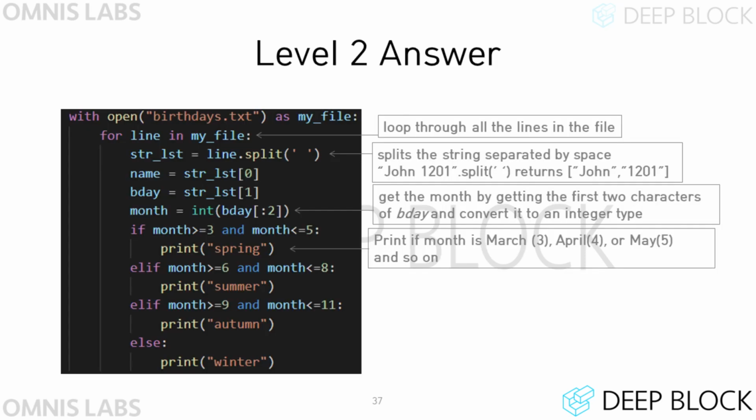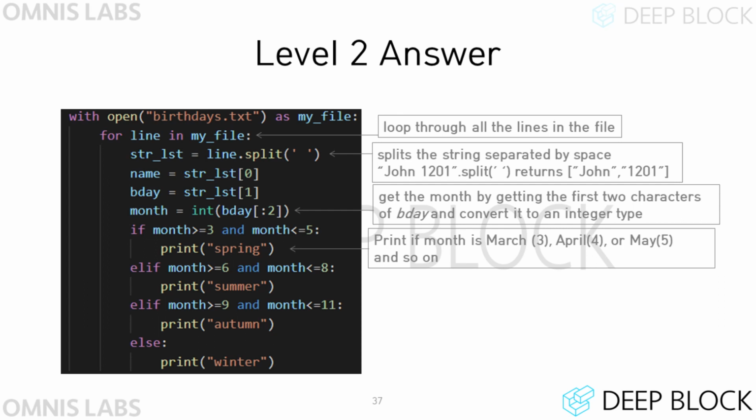First, assuming a birthdays.txt file has already been created, read the file and read each line of the file. By traversing the file object with the for loop, we can read each line. Save each line as a list in string list, split by whitespace.